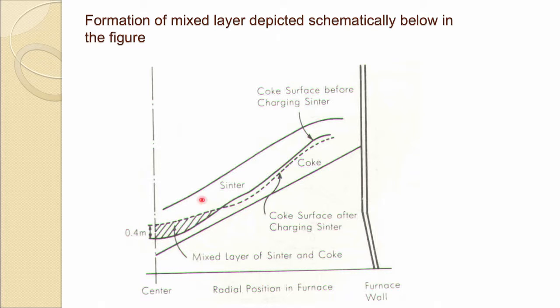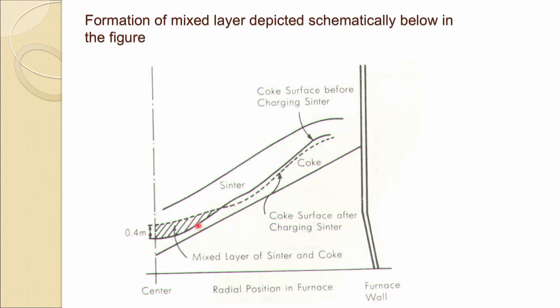When it comes over here, you will get a mixed layer of the sinter and the coke. This portion gives more resistance to the gas flow, because the void fraction has decreased. Let us say if it is pellet, the void fraction is 0.41, and for coke the void fraction is 0.51. So, certainly the pellet will settle down within the void, and that will give rise to resistance to the gas flow.